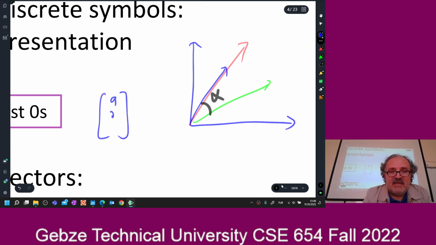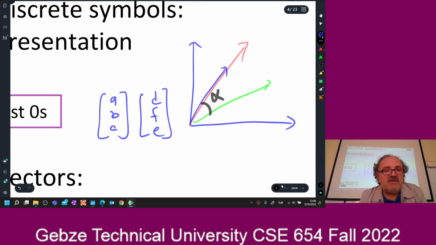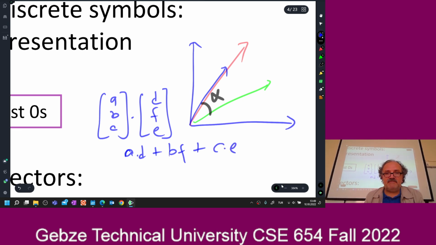A, B, C is a vector, and I have this vector D, F, E. The dot product between the two is just simple: A times D plus B times F plus C times E. That's it. That's the dot product. The nice thing about this dot product is if these two vectors are orthogonal to each other, there is a 90-degree angle between them, this dot product will turn out to be 0. It will be just 0.